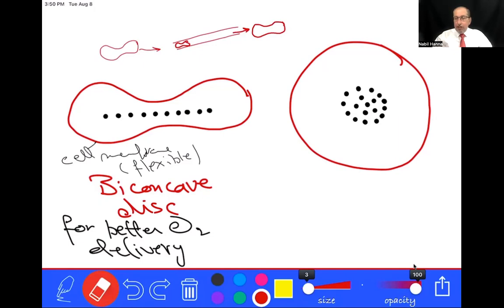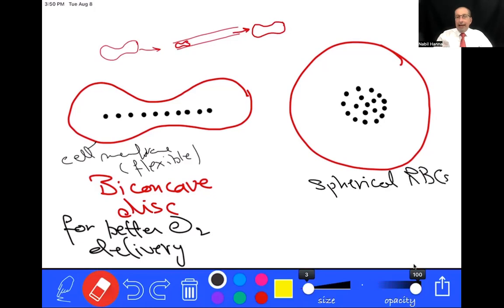There is one congenital defect of red blood cells where babies are born with spherical red blood cells, and also the cell membrane is very rigid, not flexible.